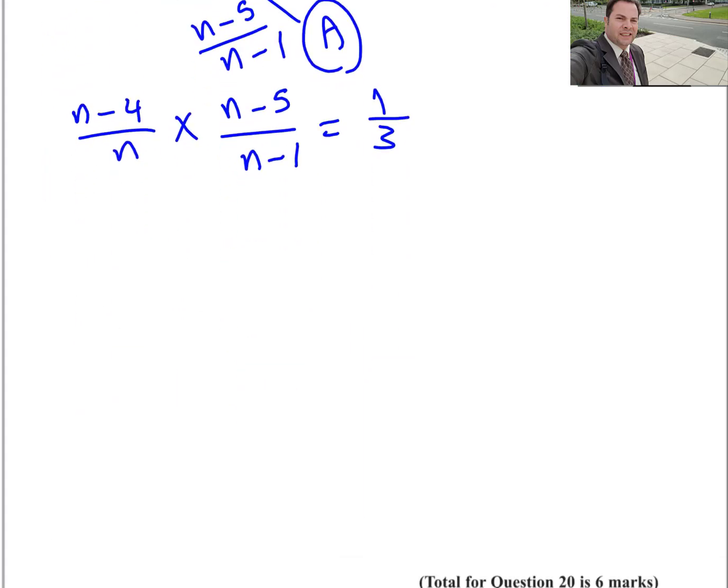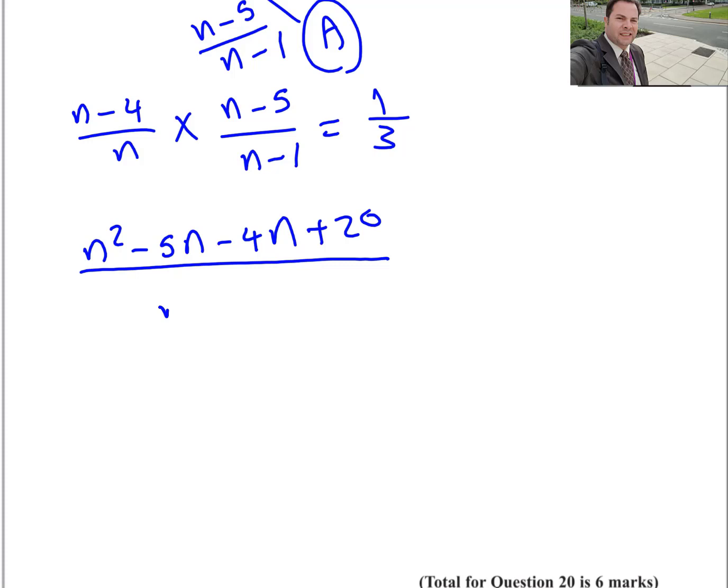Expand n minus 4 times n minus 5: n squared, n times minus 5 is minus 5n, minus 4 times n is minus 4n, negative 4 times negative 5 is positive 20, divided by n squared minus n, is equal to 1/3.